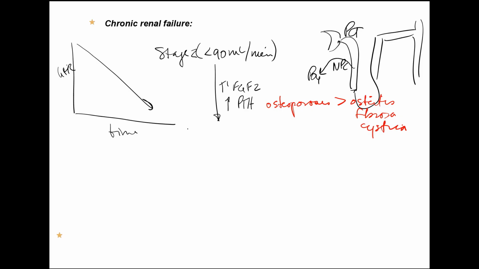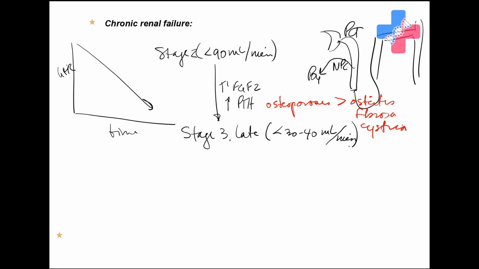By late stage 3, when the GFR is less than 30 to 40 milliliters per minute, even signaling by the increased parathyroid is inadequate to maintain homeostasis. And so one starts to see a rising phosphorus and a dropping calcium.